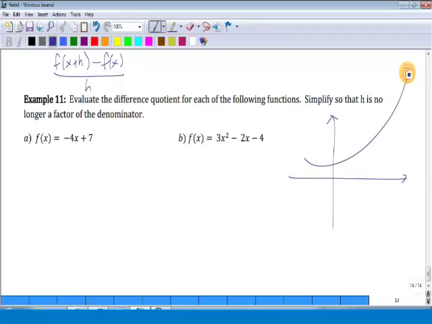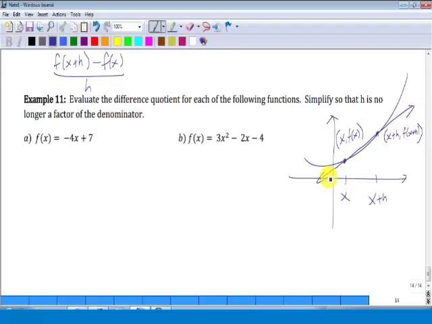If we have the graph of a function, and there's x, and there's x plus h, and there's the point x, f of x, and there's the point x plus h, f of x plus h, and we connect the dots with a straight line like that.